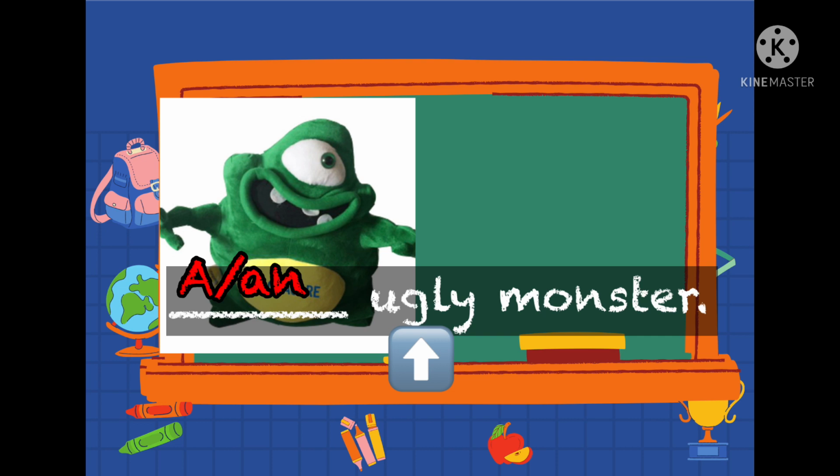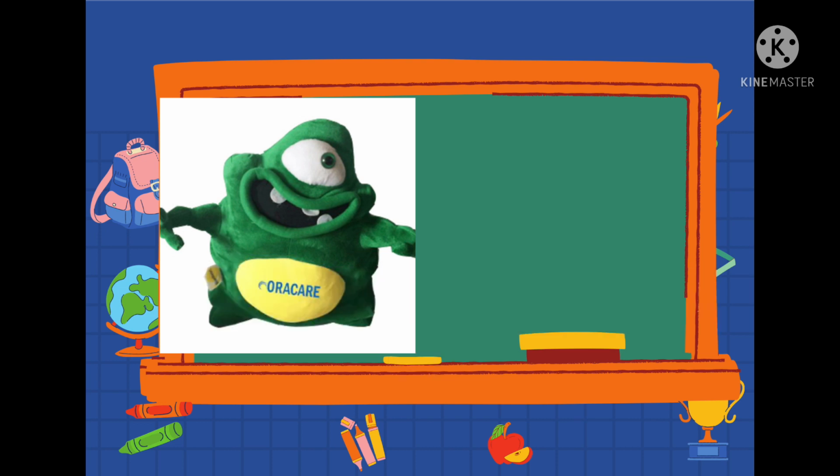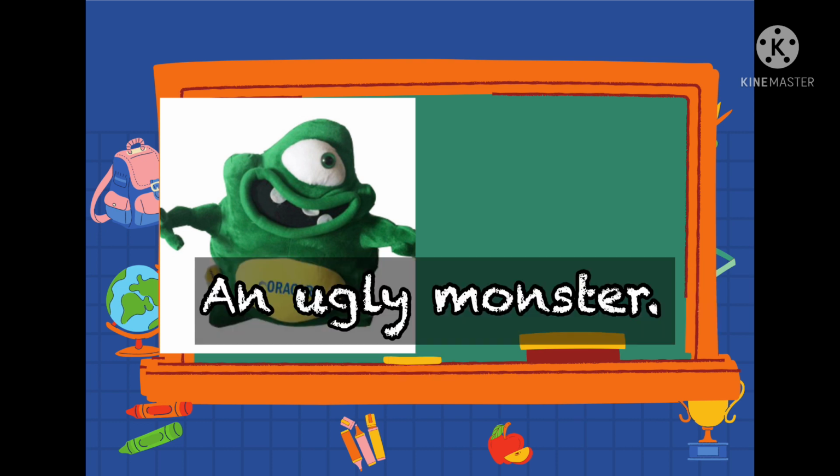So, do we use a ugly monster or an ugly monster? If you remember, apa yang teacher ulang sebelum ni, kalau word bermula dengan A-E-I-O-U, kita mesti guna an. So, for this one, we will say an ugly monster. An ugly monster. Raksasa yang hodoh.